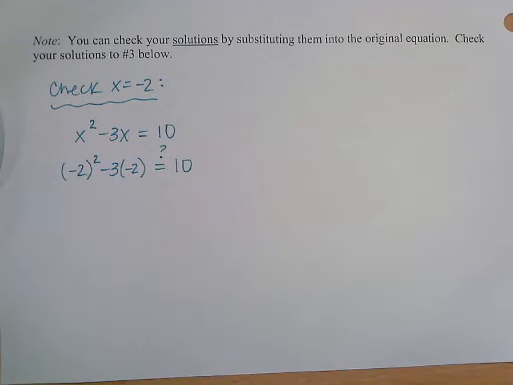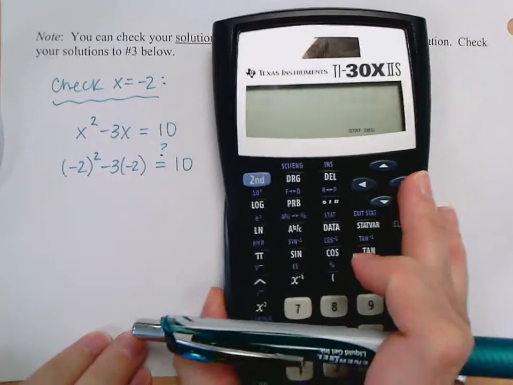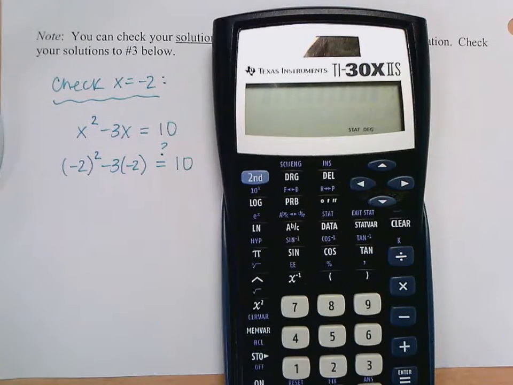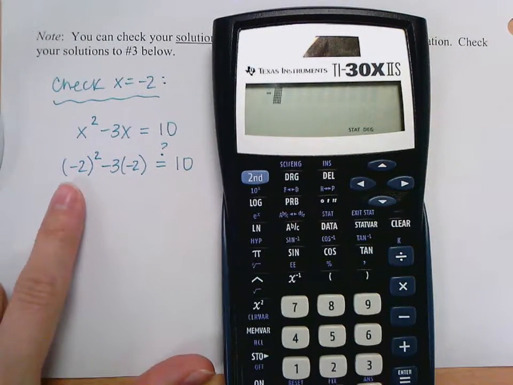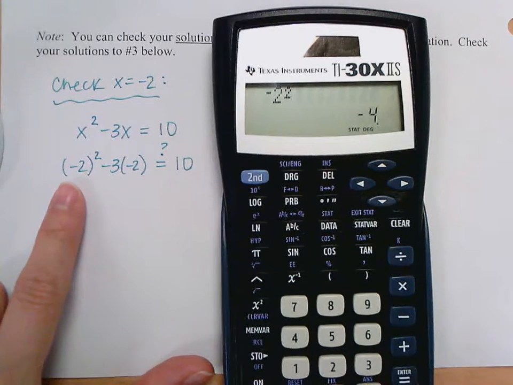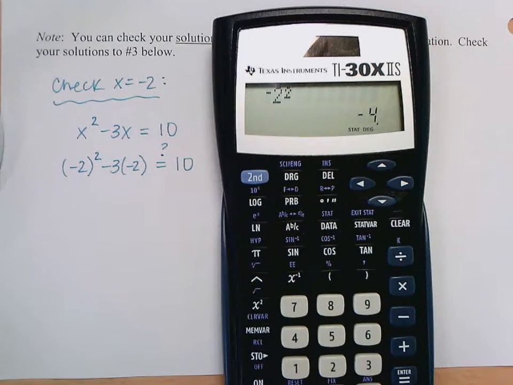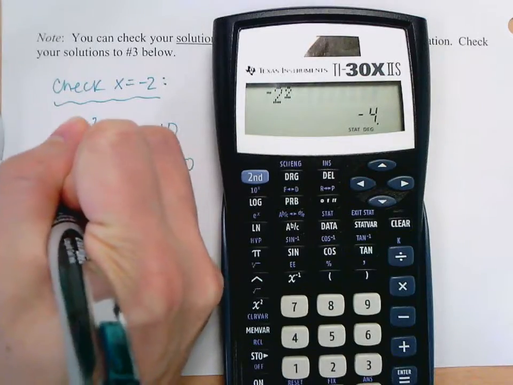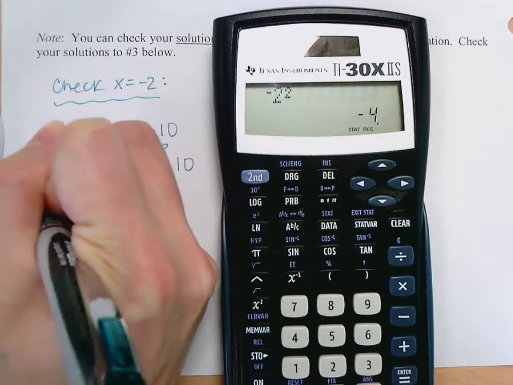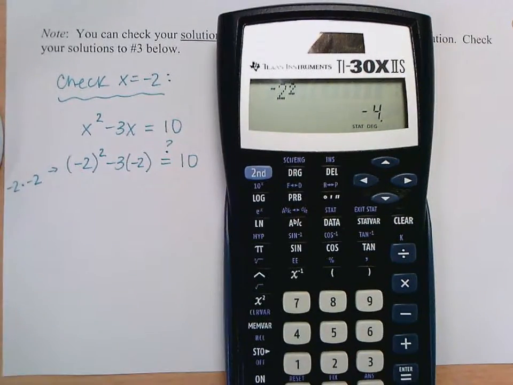So remember, if you are typing into a calculator, because I realize if you have a calculator like this one or you're using one of mine, if I just type in negative 2 squared, no parentheses, it tells me negative 4. But I know that this is really -2 times -2, which should be +4.